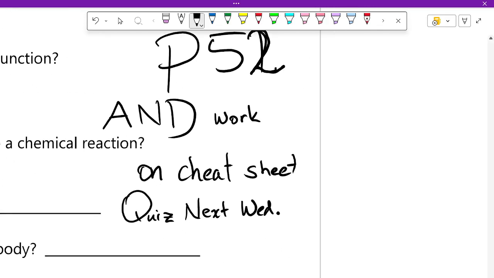And the pages are... I gotta write down these numbers before I forget.